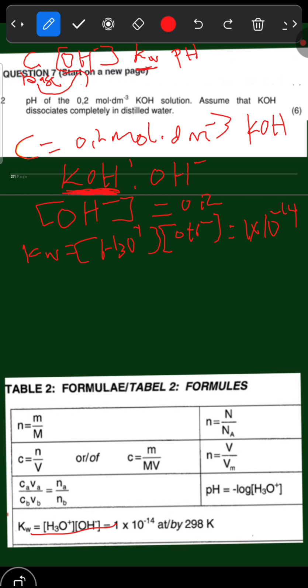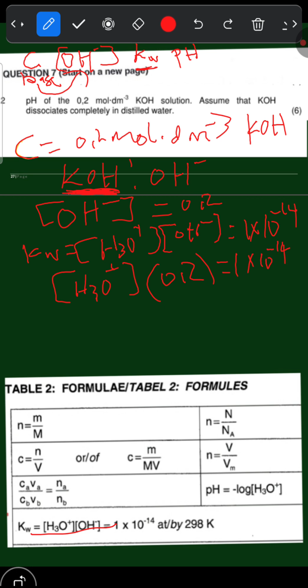Now we do substitution. Then we say concentration of hydronium ions, then I substitute the concentration of the OH minus, 1 times 10 to the power negative 14.